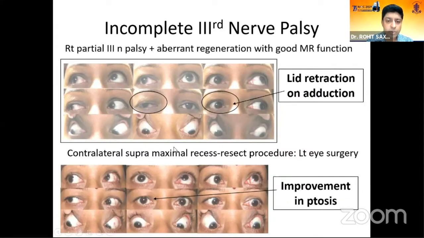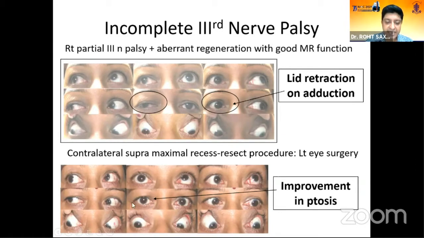The same can be used in the other eye if there is again motility in the paretic eye, if there is an aberrant innervation. So especially if the upper lid gets innervated from the misdirected fibers from the medial rectus, and you get an elevation of the lid on attempted adduction, you are able to use that by operating the opposite eye.